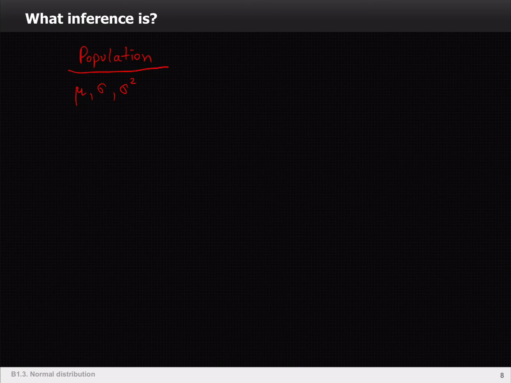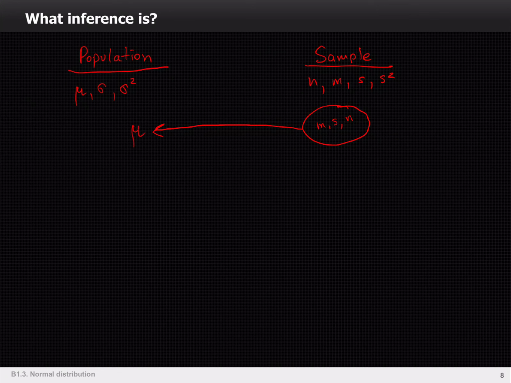Okay. Then we have a sample. So the sample of size n. And we have some statistics calculated for the sample: the average, the standard deviation, the variance, and so on. Okay. The point is, we have these statistics, so we have M, S, and N. Can we use these statistics to get knowledge about a parameter, let's say the average chloride content in a population?